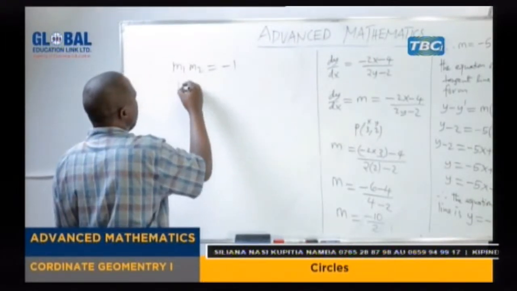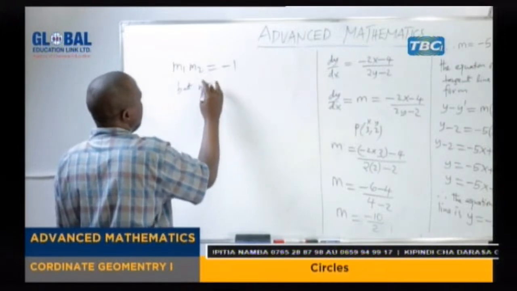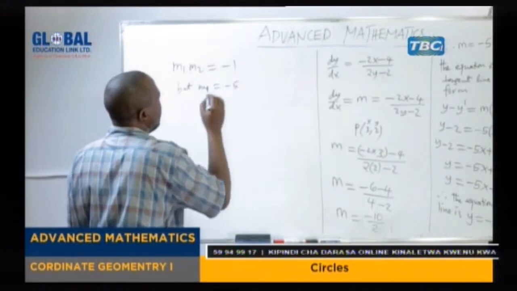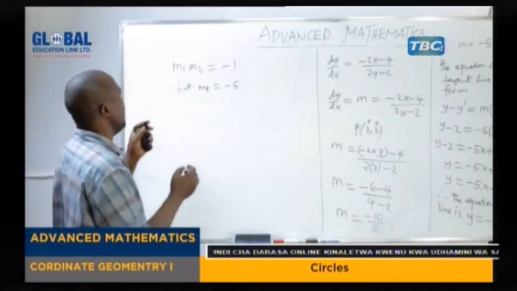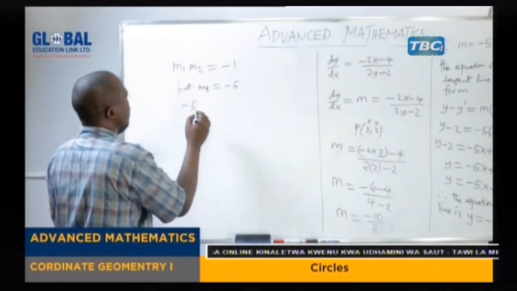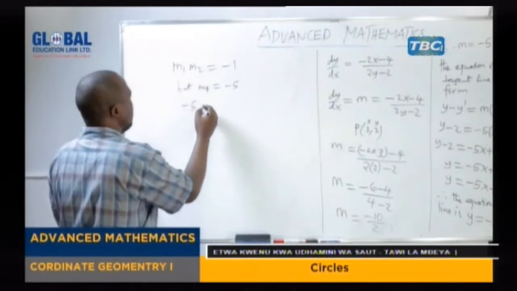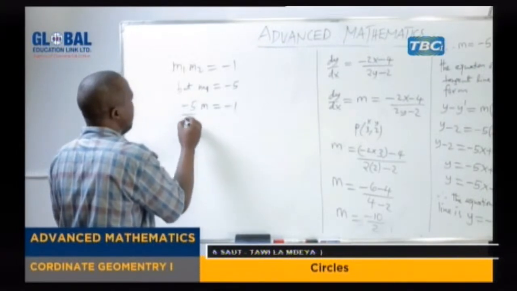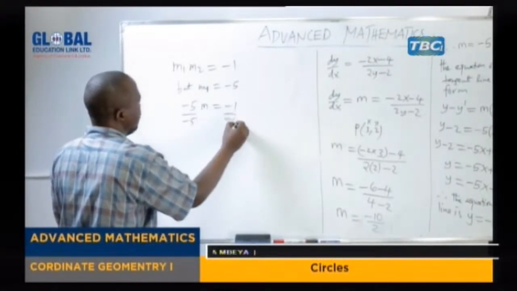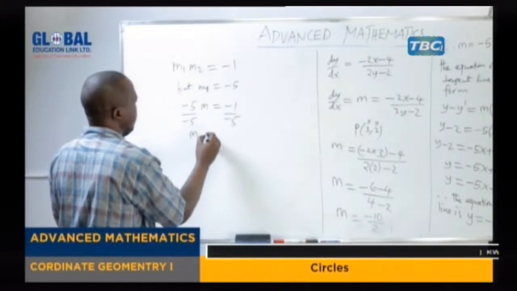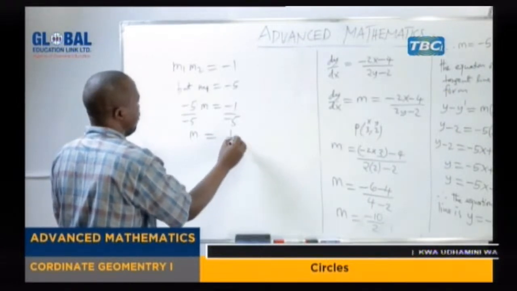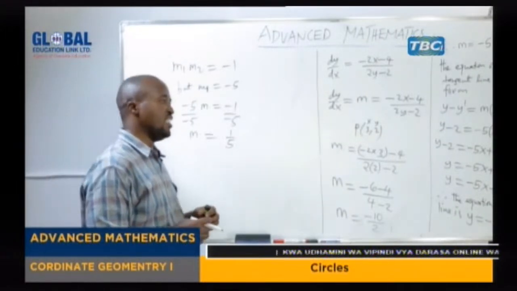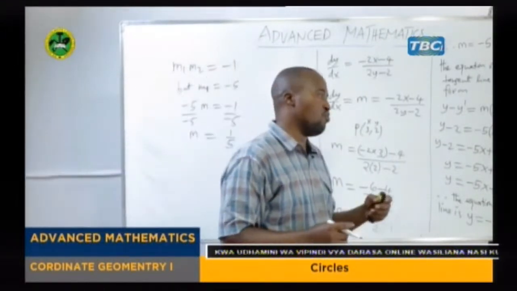So remember that m1 is equal to -5. So we substitute here, that is -5. m2, we are looking for m2, call it m, which is equal to -1. So divide by -5. So m will be equal to 1/5. So now we have the slope that is going to help us to find the equation of the normal.